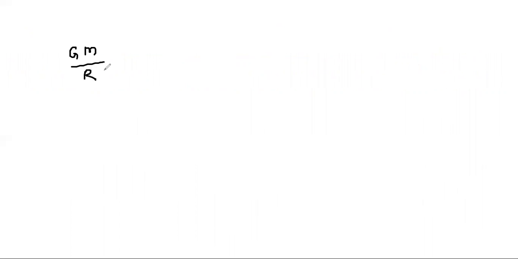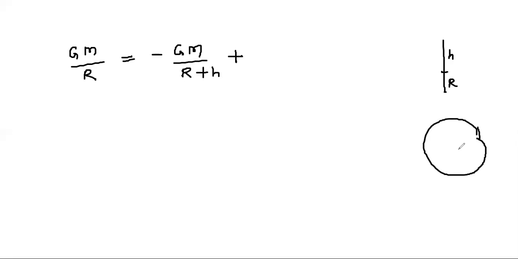GM divided by R equal to the potential at B, which is at, this is R and this is h, so at height R plus h will be minus GM divided by R plus h, and minus, so that will make it plus, and here we have to find the potential at this point as I told you earlier at distance r, so that will be equal to GM divided by R cube and within bracket 3 by 2 R square minus 1 by 2 small r square.